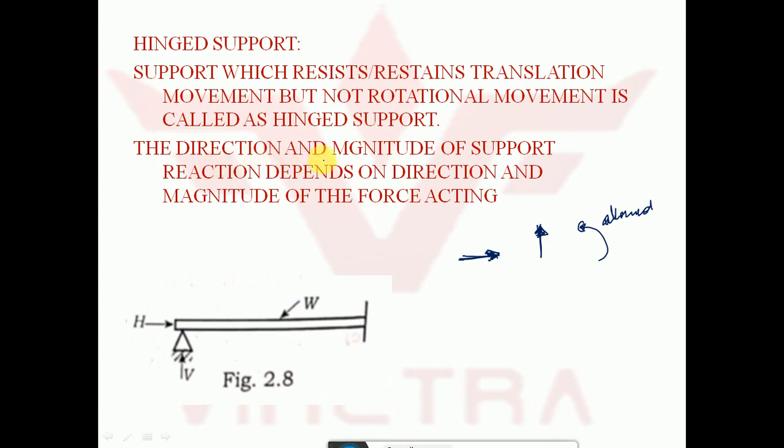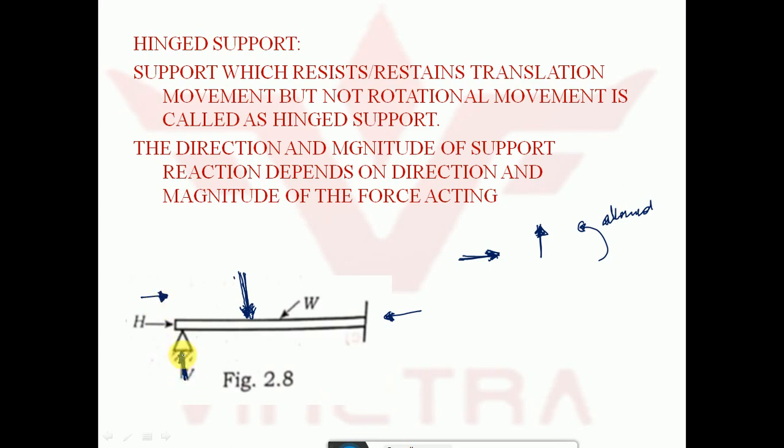The direction and the magnitude of the support reaction depend on the direction and magnitude of the force acting. For example, let us take this hinged support. If I apply a load in the vertical direction, only a vertically downward load acting here, then the support reaction developed will be exactly vertically upward. If I apply only a horizontal force, then the support reaction developed will be in the horizontal direction only.